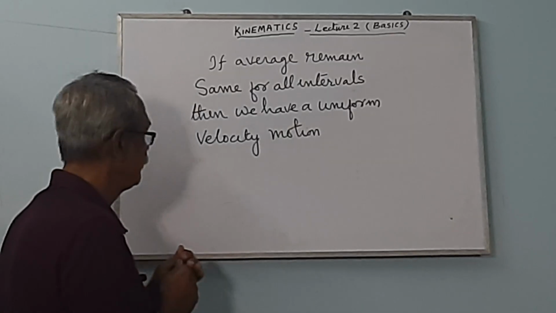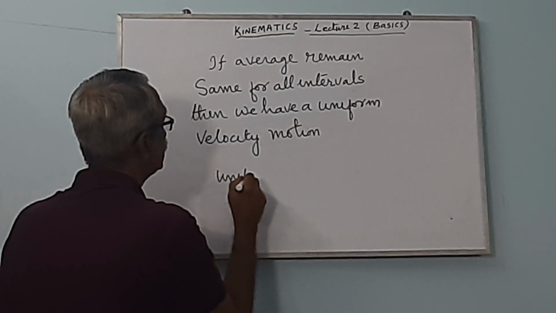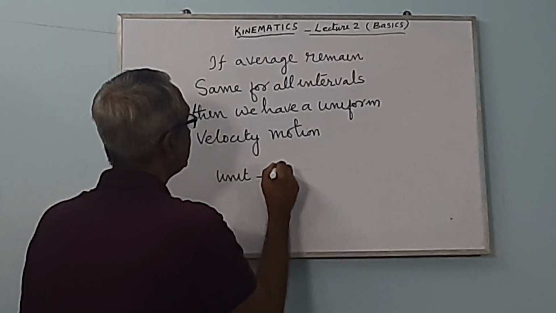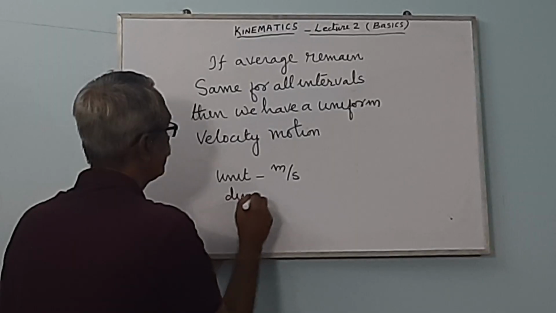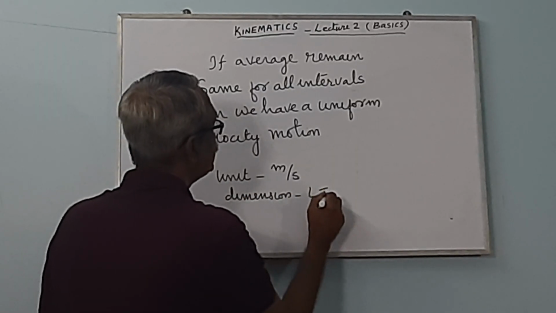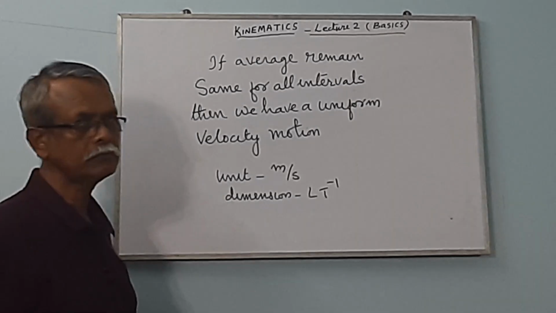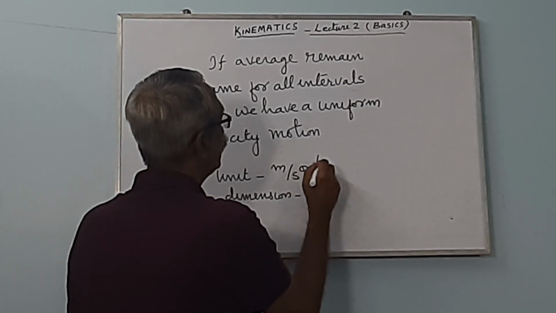And the unit, clearly for this particle, will be meter per second. Dimension will be L T minus 1. Sometimes we take kilometer per hour also.